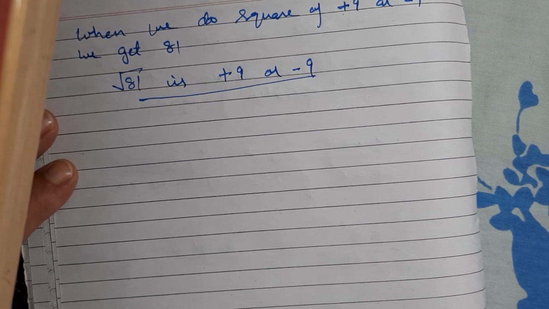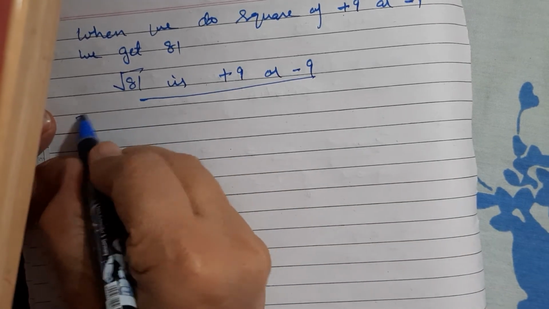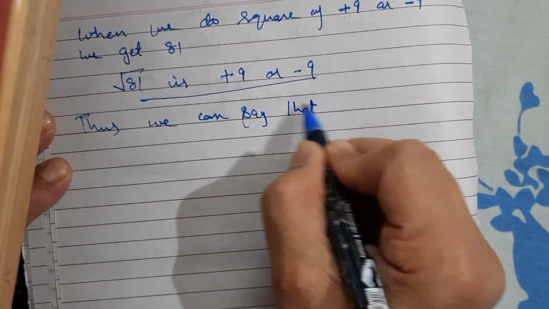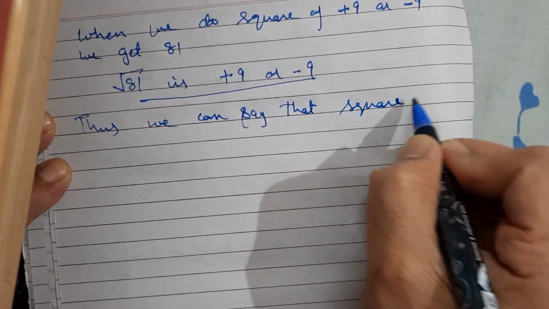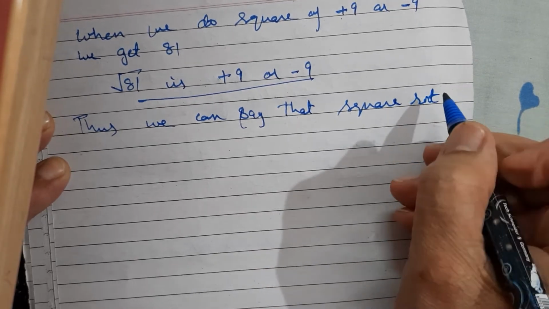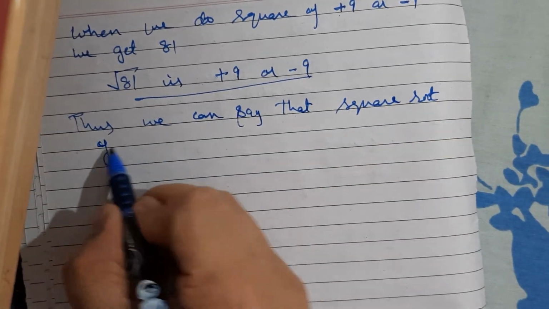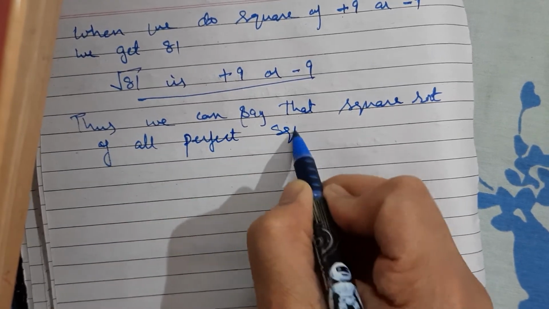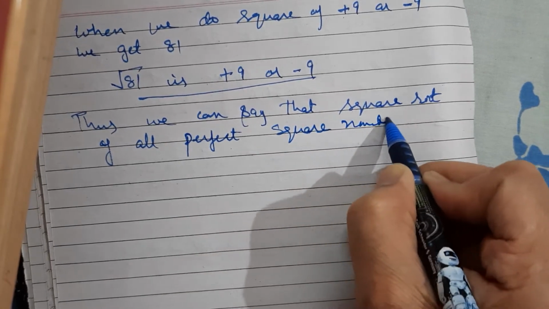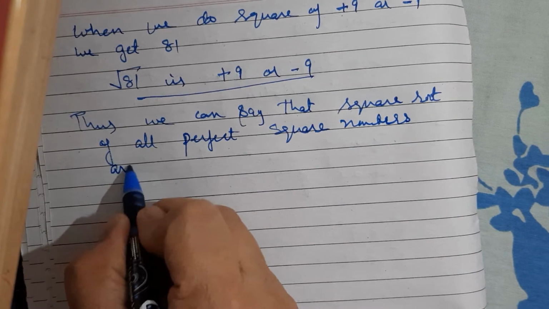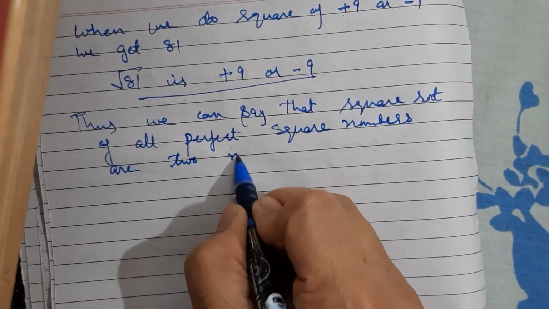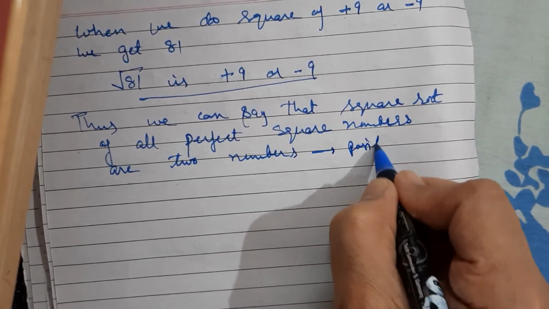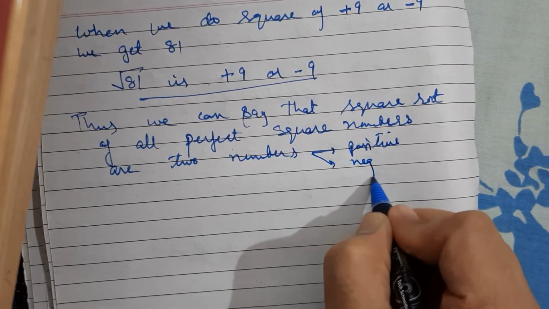So children, we can say that the square root of all perfect square numbers are two numbers, one is positive and the other is negative.